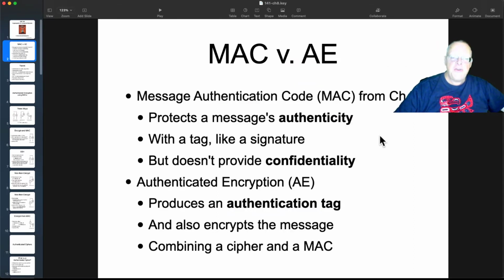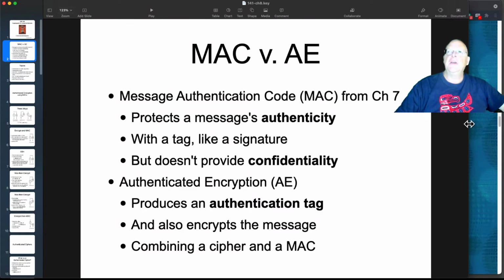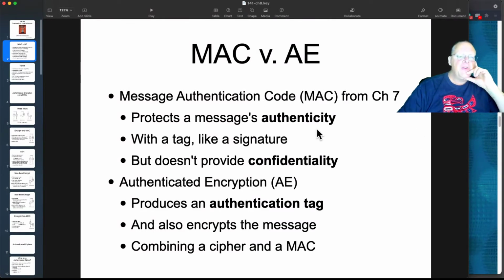So last time we talked about message authentication codes, where you add a signature sort of tag to a message, and then you can verify that the message has not been altered. I think I'll make this a little skinnier so it doesn't get cut off. All right, so that gives you authenticity, but it does not provide confidentiality.